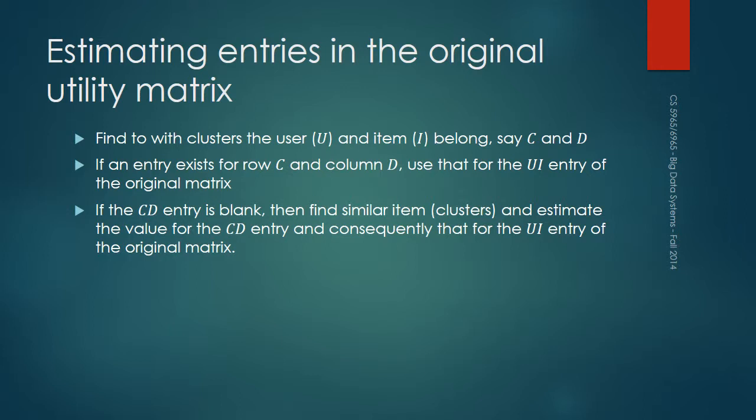If the entry for that particular cluster of user and item exists and it's non-zero, then you can just return that value for user U and item I. If not, you will use the same idea as earlier to find similar users or similar items. This is a much smaller matrix, so those approaches are now doable.